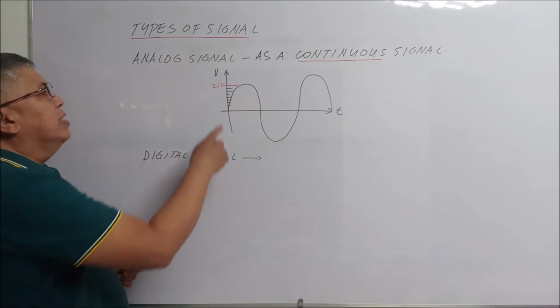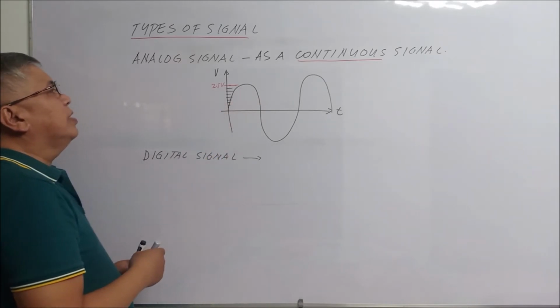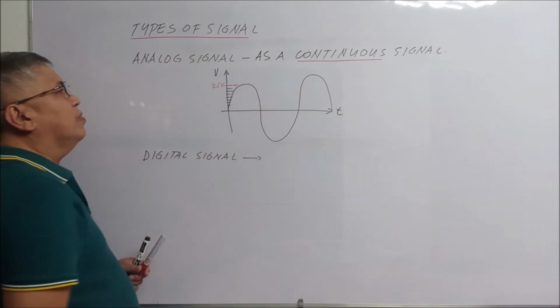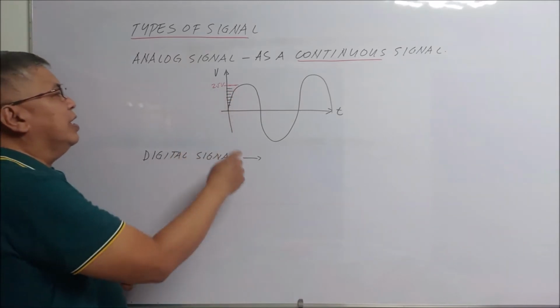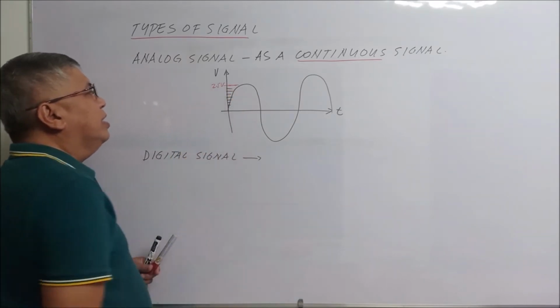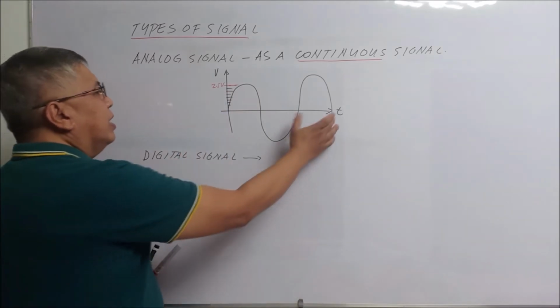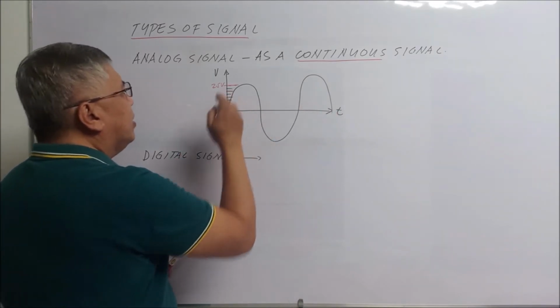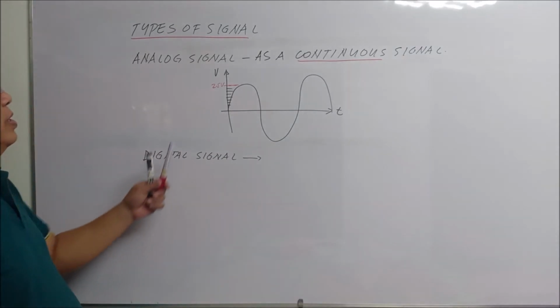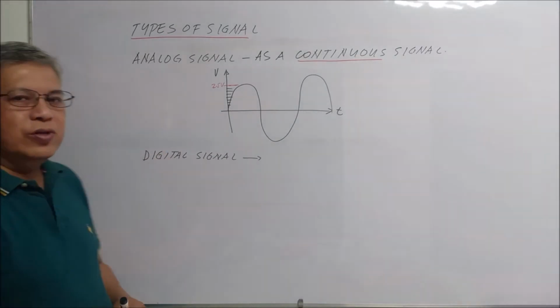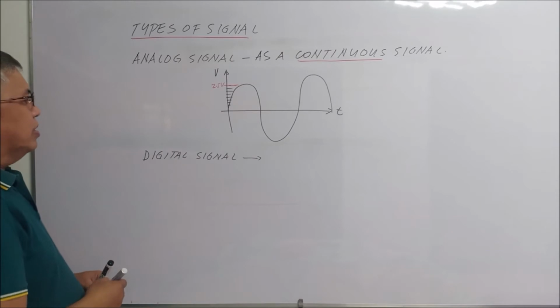Again, the value of your continuous or analog signal is continuously changing. It varies at every particular time. That's how the continuous or analog signal works.